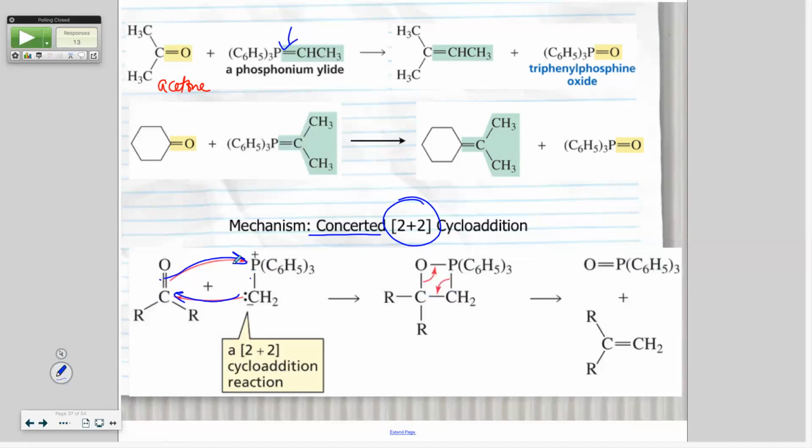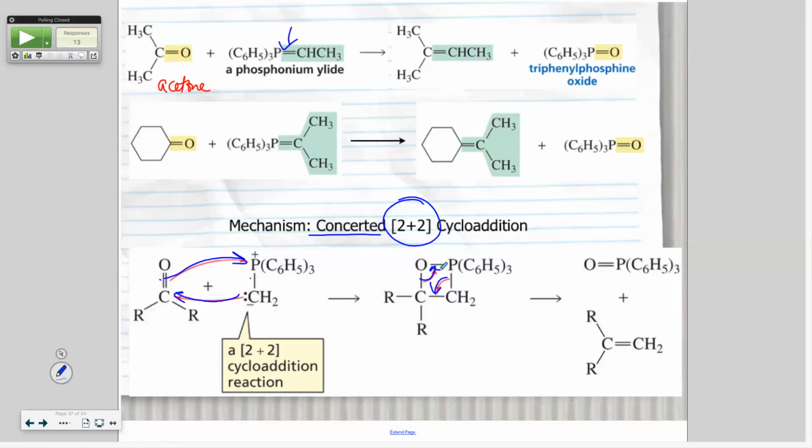They make super strong bonds and they love each other. And that is really the driving force for this reaction, because once you get your little cyclic ring here, it falls apart. And when it falls apart, the P and the O stay together because they love each other.